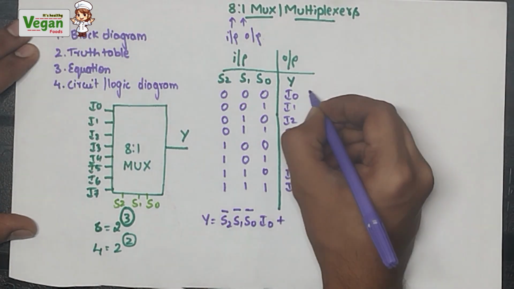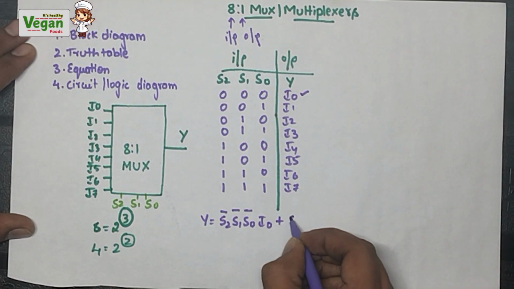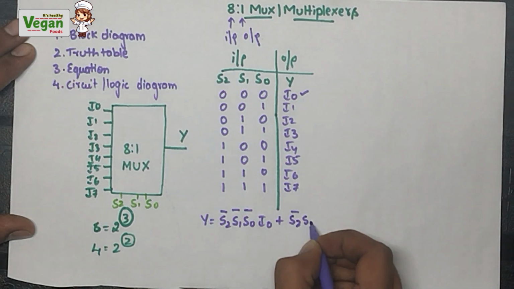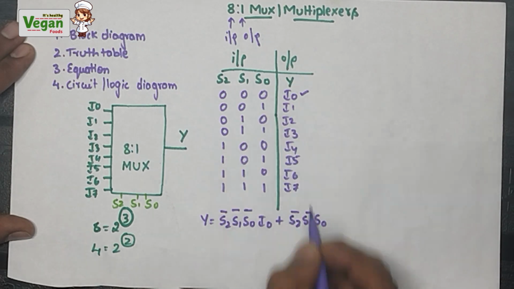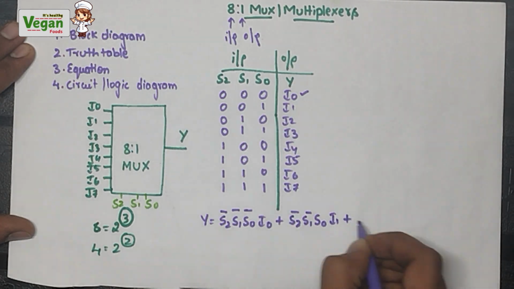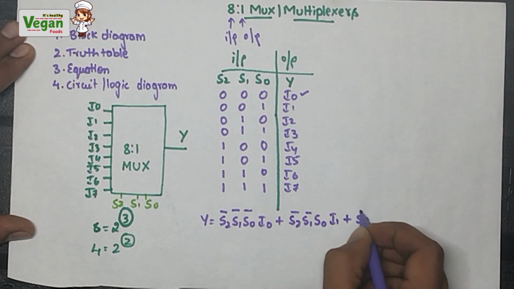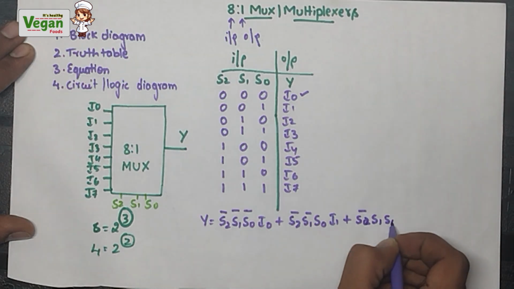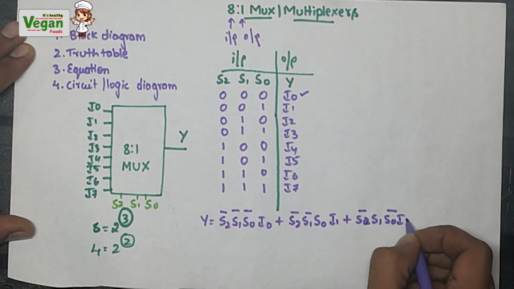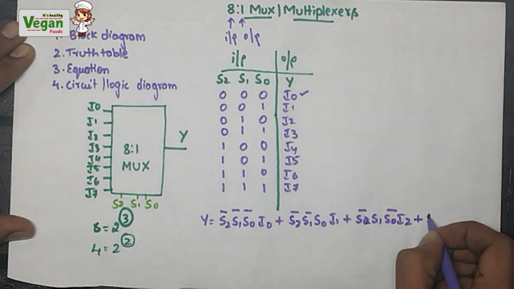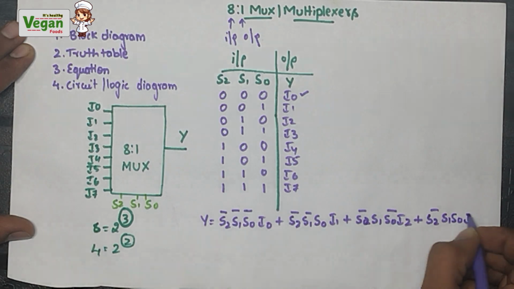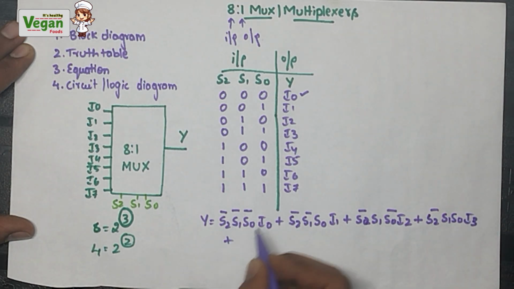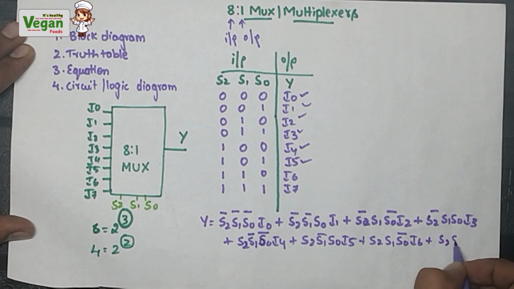Next, the first one is done. The second one: S2 bar, S1 bar, S0. Why did I write S0? Its value is 1. So I1 plus S2 bar, S1, S0 bar, I2 plus S2 bar, S1, S0, I3 and so on, up to S2, S1, S0, I7.